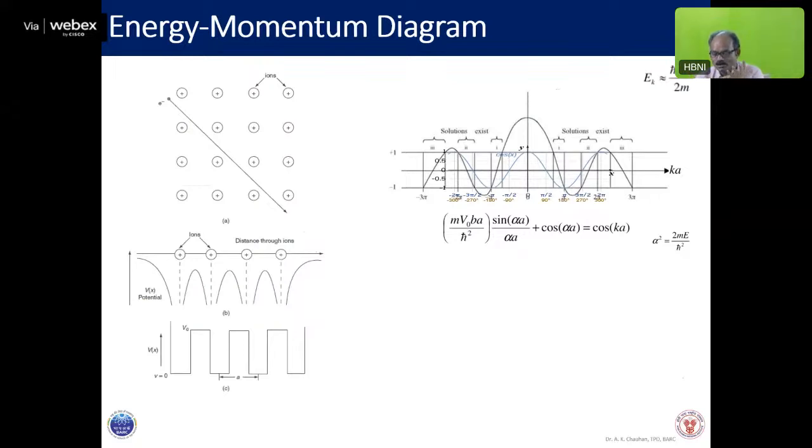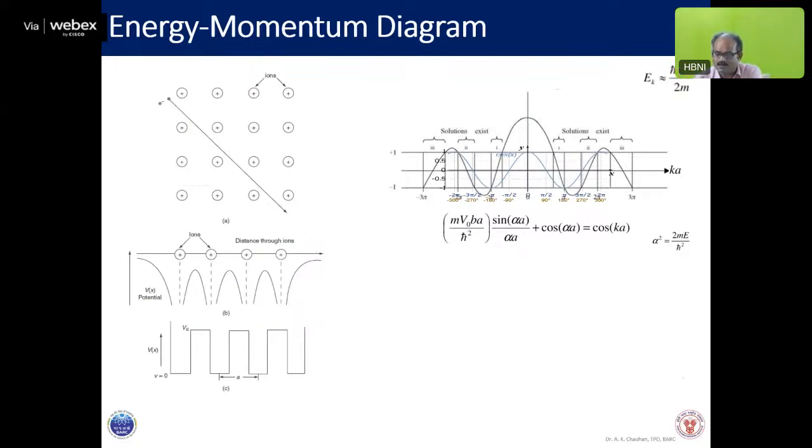So we saw in a qualitative way how, when we bring atoms together, the bands are formed. We also tried to see it mathematically, though we didn't solve the problem, but you can go to any physics book or any solid state book.